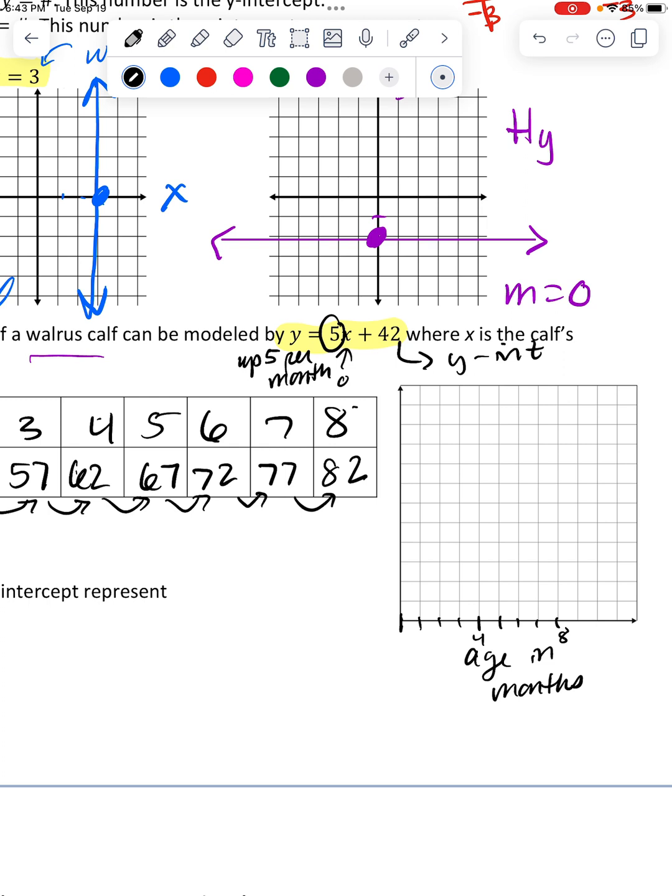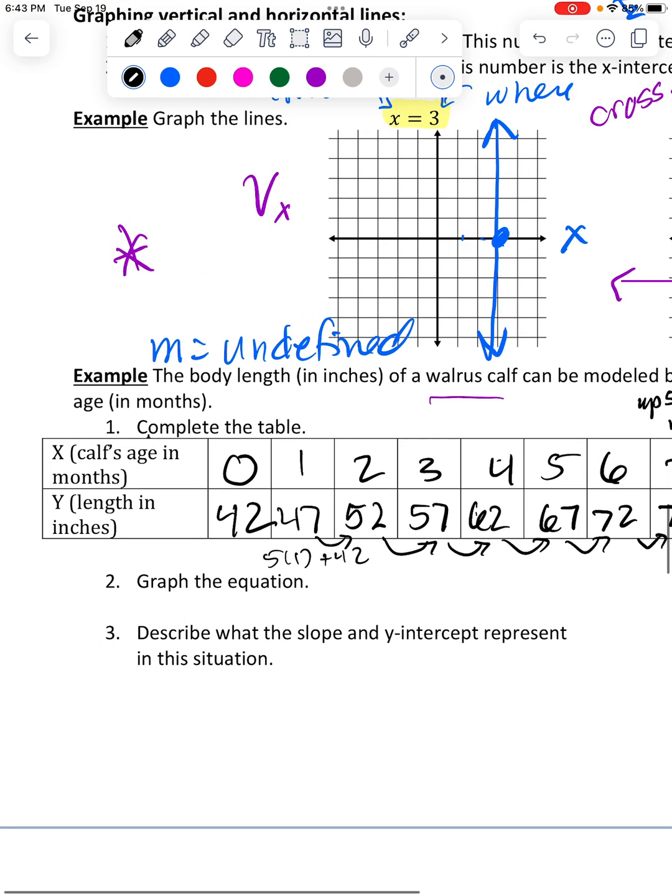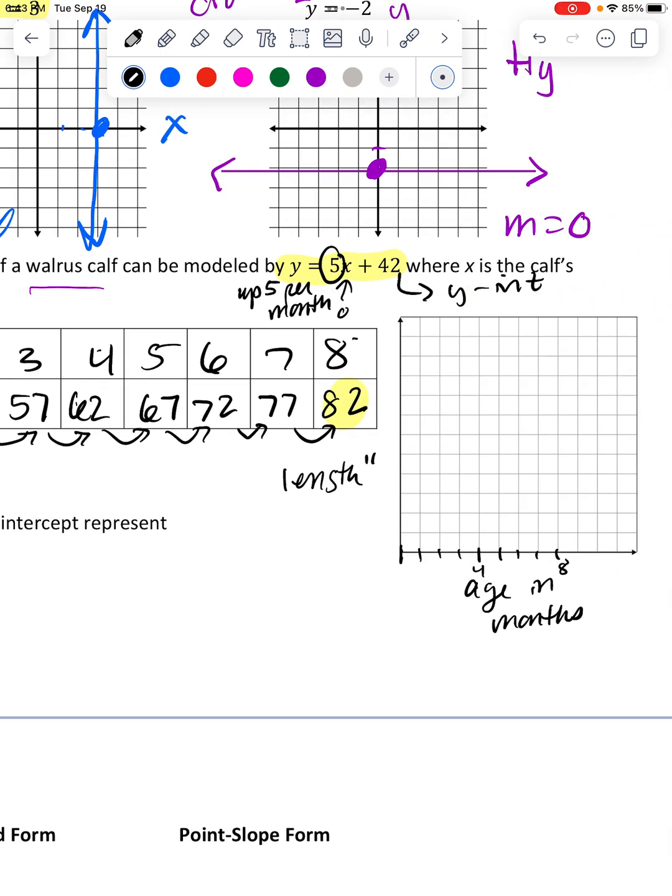But then looking at my numbers, I have to go to at least 82. So up the side, I'll probably count by 10. So this is going to be the length in inches, and I'm going to go by tens because I'm going to run out of space if I count by ones. So this is going to be 10, 20, 30, 40, 50, 60, 70, 80. And I'll probably go to 90 because my last number goes just a smidge past 80.